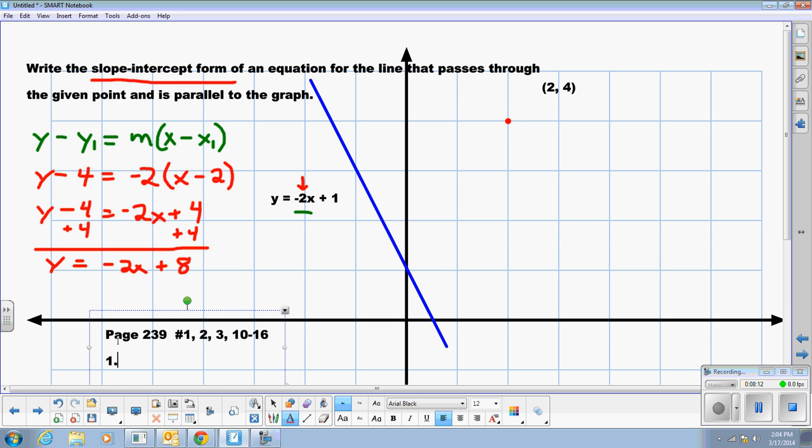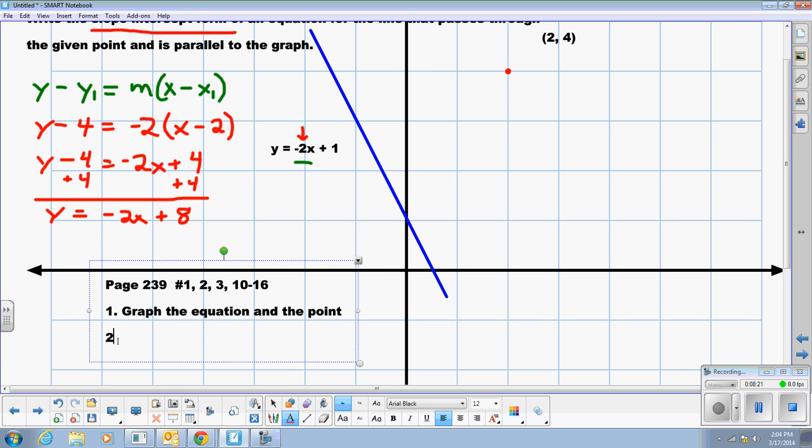So what you need to do first is, 1, graph the equation and the point. 2, write a point slope equation.